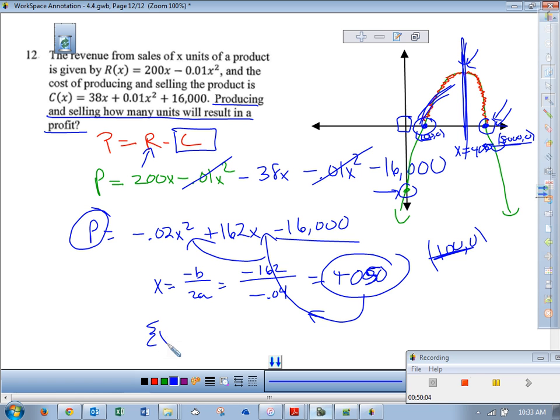So the set of all x such that the number of shoes they make, x, is bigger than 100 but less than 8,000 pairs of shoes. Does that one make sense to you, with the sketch and the profit and all of that stuff?